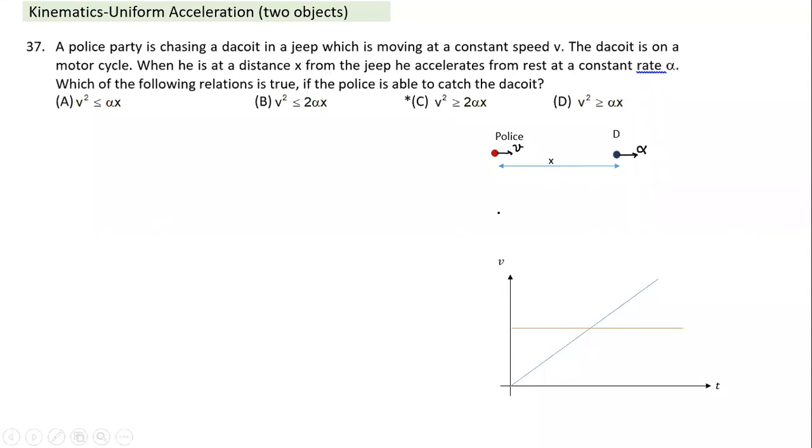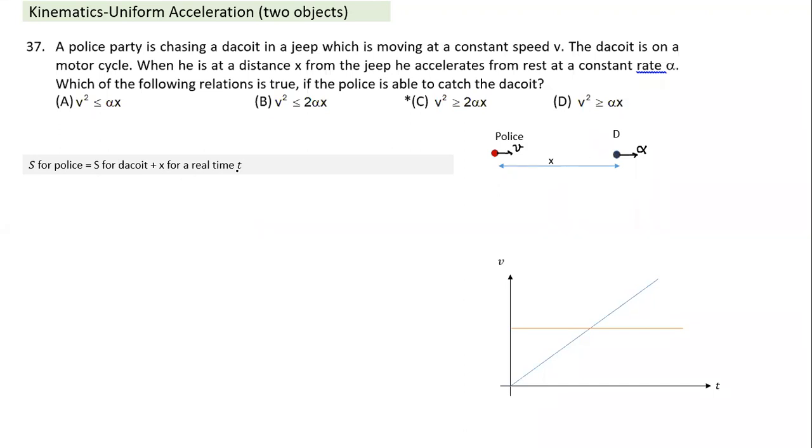If I visualize this motion, what has to happen here for the police to catch him? Who has to have the greater displacement? If the displacement of the police is greater, only then will it catch up with the dacoit. So the displacement of the police has to be equal to the displacement of the dacoit plus x at some value of t.